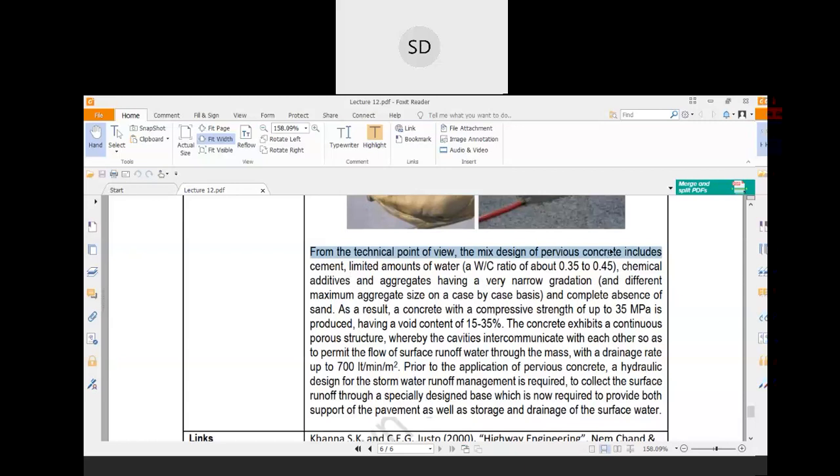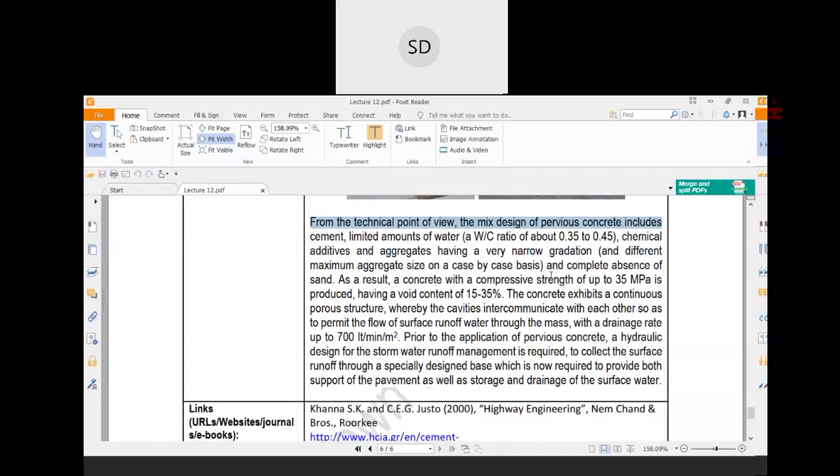Narrow gradation means it would be gap graded, with complete absence of sand. There would be no sand. Generally, the mixture would be cement, aggregate, and sand, but no sand would be there, and the gradation of the aggregate particles will not be well graded. That would be poorly graded particles.